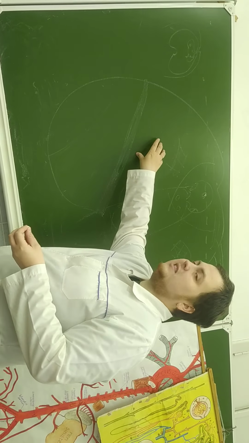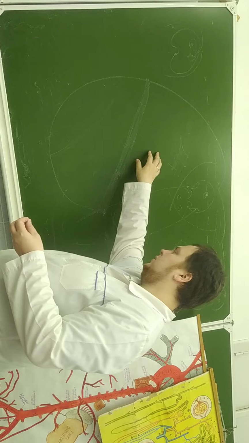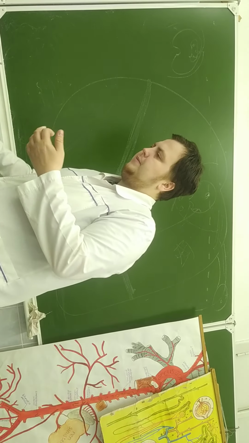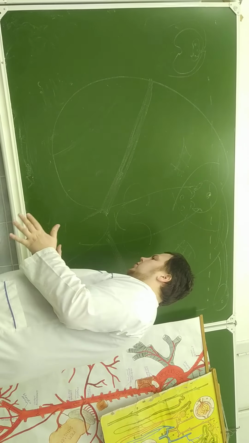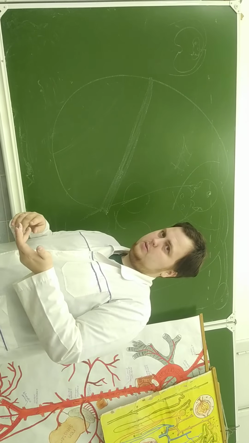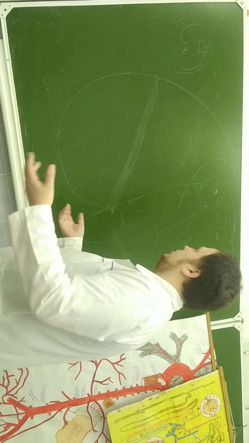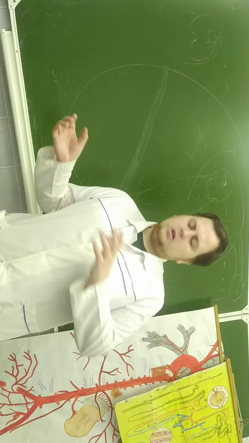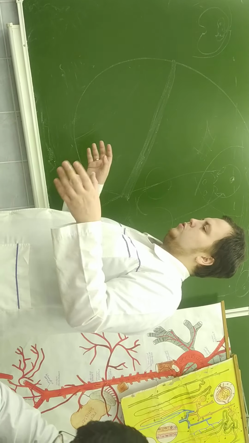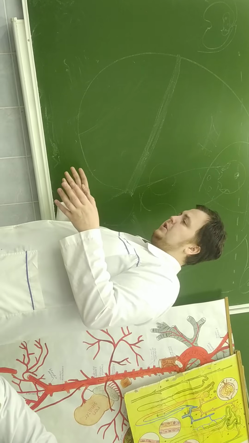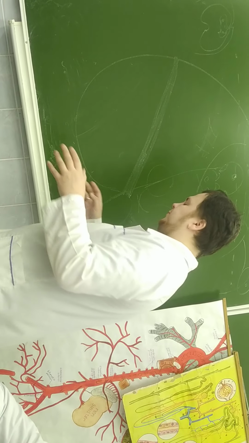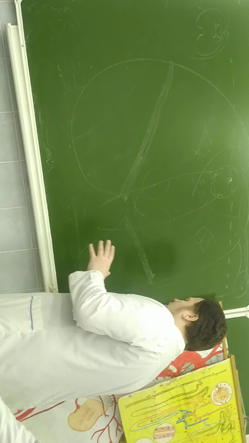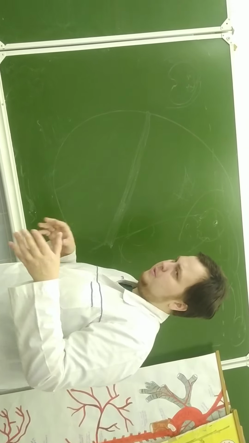Also, we have ascending tracts here. Among these tracts, we will have the medial lemniscus. The medial lemniscus includes different ascending tracts. In different books, you may find some different information about it, but what is most important? It will contain the bulbothalamic tract.